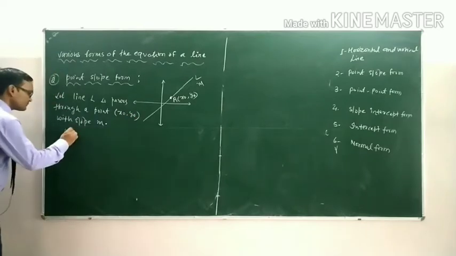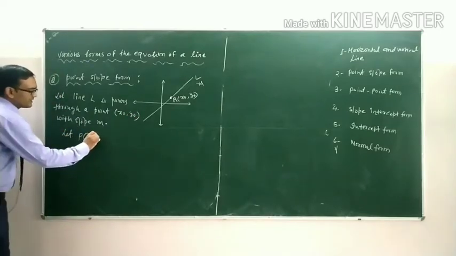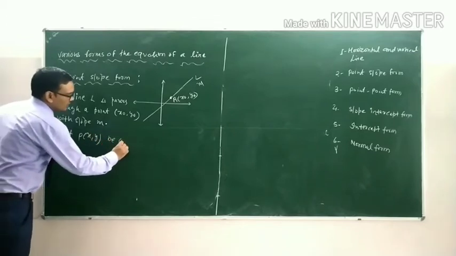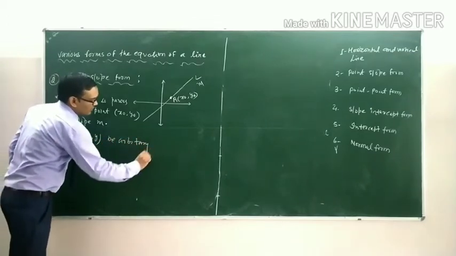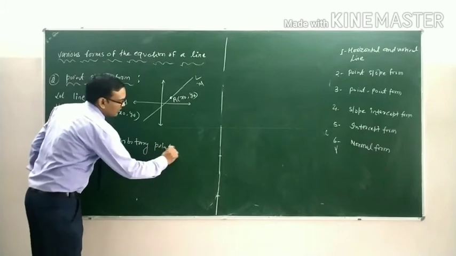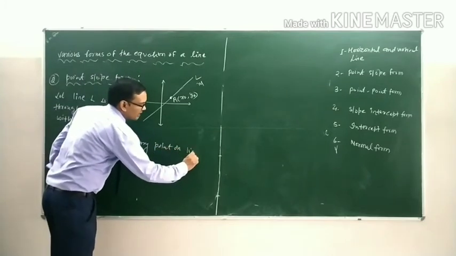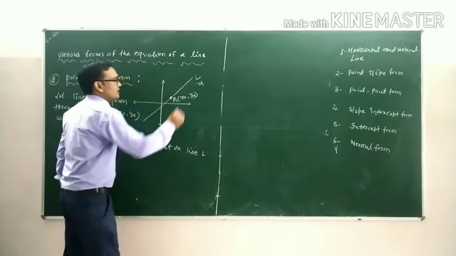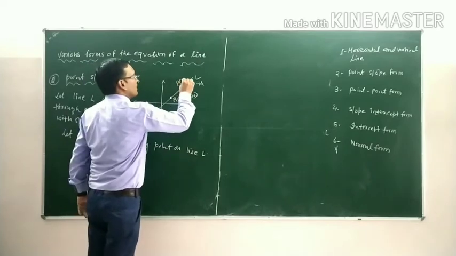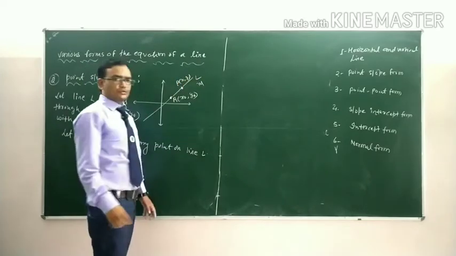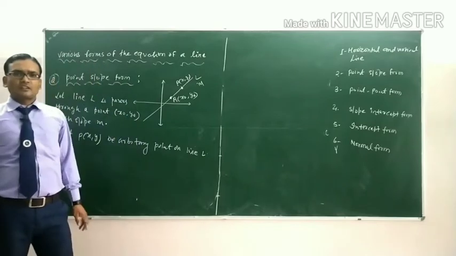Let P x comma y be an arbitrary point on line L. We take an arbitrary point on line L whose coordinates are x comma y.